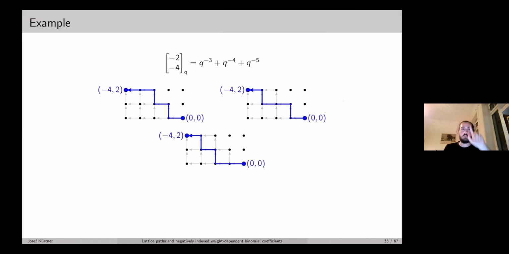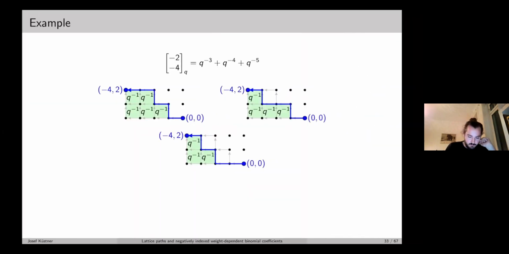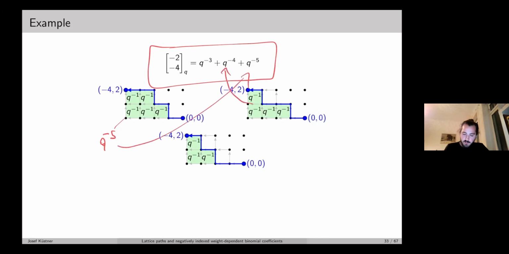We take them up and north and then west. And we give the q weights to this path. If you look at the weights, for example, this one here will have its weight q to the power of -5. And this is exactly what we get in the q-binomial coefficient case as well. So we sum over all these weights. This one will be here, this one will be here, and this one will be here.